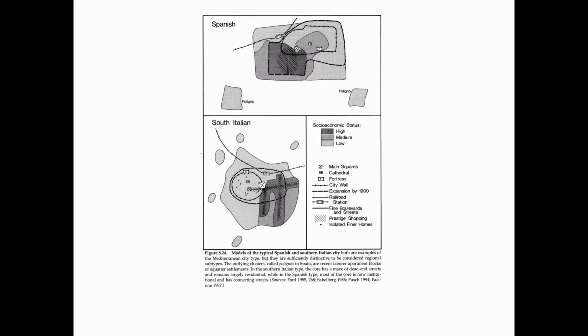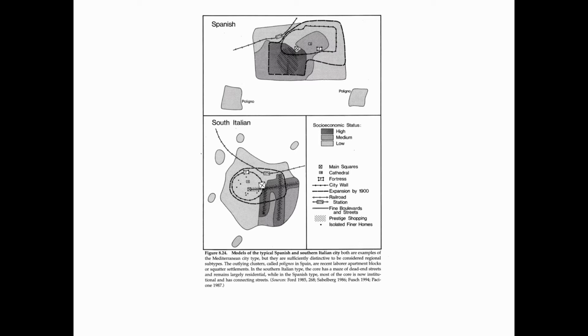These are also the most compact of European cities. There are high residential densities and no development of outer rings in these kinds of cities. The high-status residence areas are often in the inner ring, and the old walled center is often dominated by things like schools, museums, and churches.